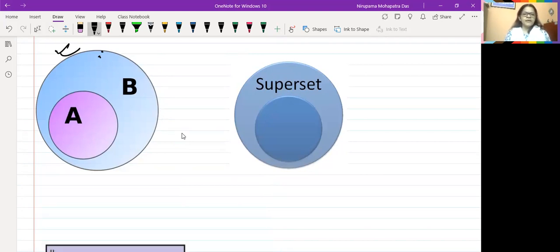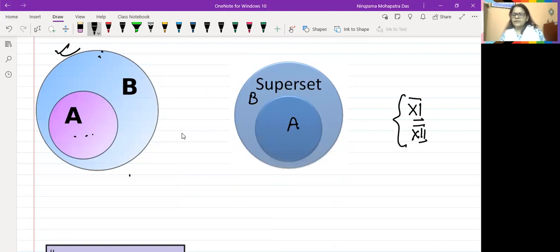Here you can see B contains A, or every element of A is in B. A is contained in B, so we can say A is a subset of B. If I name it A and B, the bigger one is the superset because set B contains A. Just like classes 11 and 12 are contained in the school. It means the school contains all the classes.